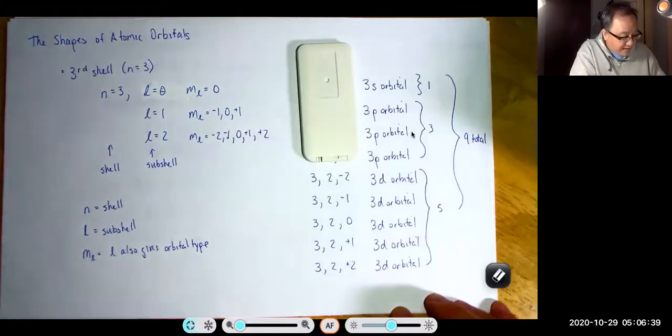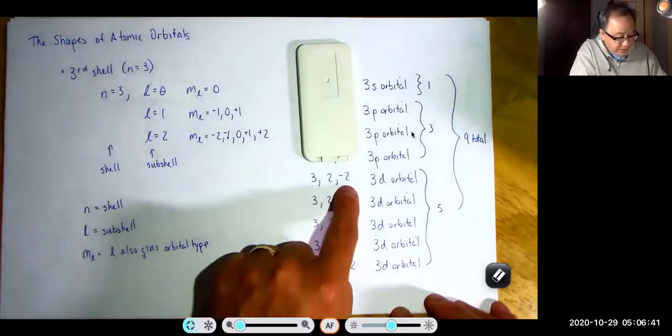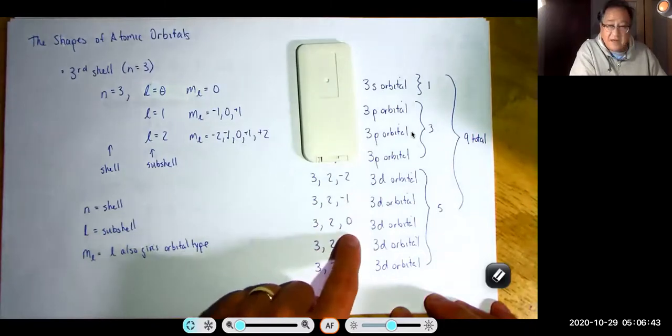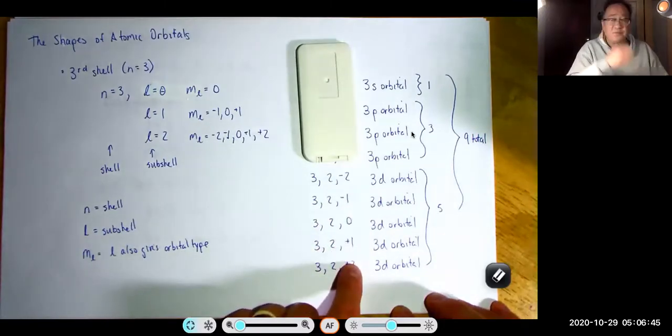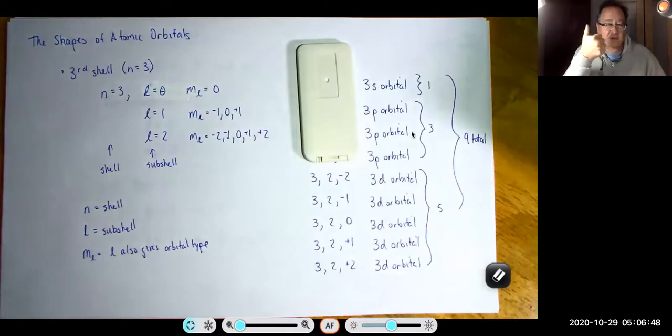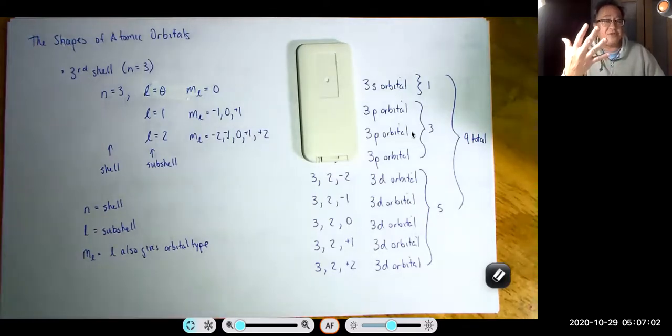How many of them do we have? 1, 2, 3, 4, 5. So you can see the progression: 1 orbital in an S subshell, 3 orbitals in a P subshell, 5 in a D subshell. 1, 3, 5. How many do you expect in an F subshell? 7.